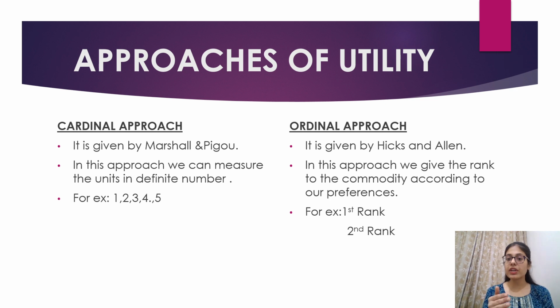For example, we eat 5 fruits like mango, orange, banana, strawberry, cherries. And we like the mango most. So we give first rank to the mango, second one to strawberry, third one to cherries. Like this, we give the rank according to our preferences, which we like the most. So these are the two approaches, cardinal and ordinal.